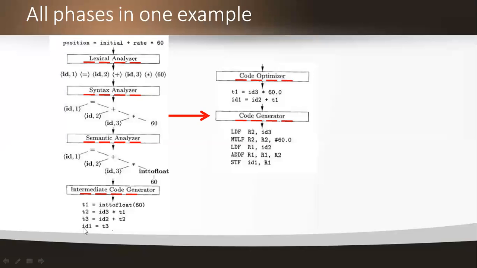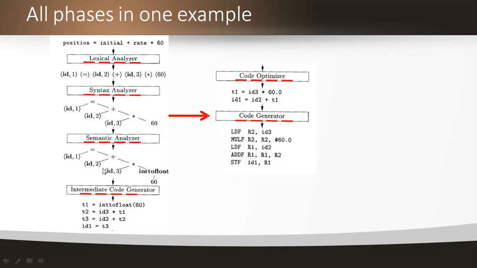In such a manner, we represent the three address code format. First, we take the temporary one and assign this floating point value to it, and this floating point value 60 is multiplied with ID3. This part we store in temporary 2, so ID3 into T1 is stored in T2, and we name it T2.